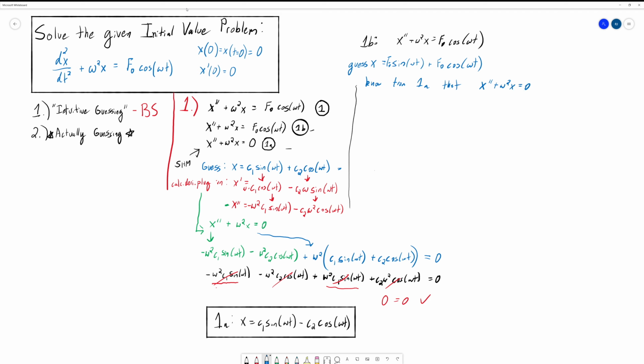We know that because that's what we calculated. This is exactly what we have here, except with f naught as both of our constants.